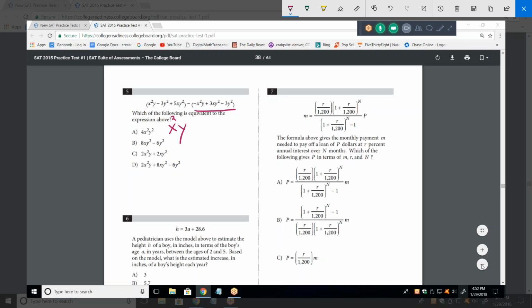Hold on. Read it to me. x squared y minus 3y squared plus 5xy squared plus 3xy squared. Hold on, what happened to this term?